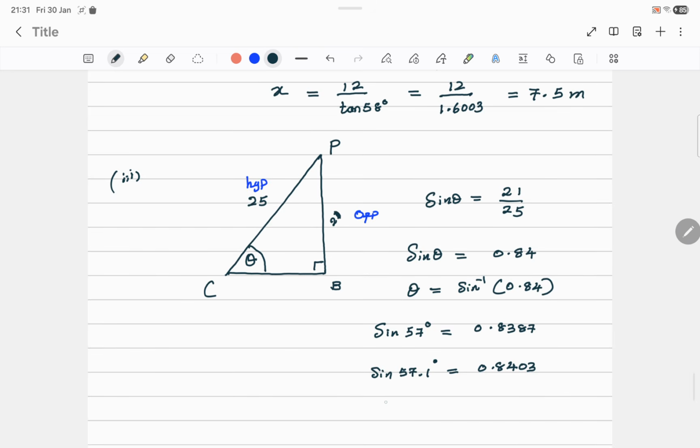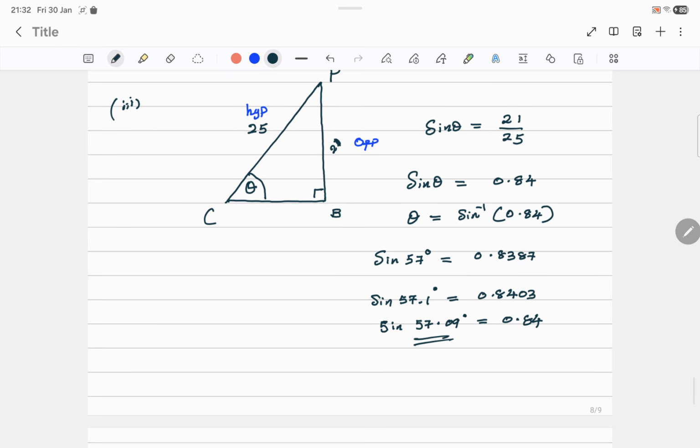Right, and using the mean difference you can get what? Sine 57.09 is 0.8387 plus 13, which makes it 0.84.